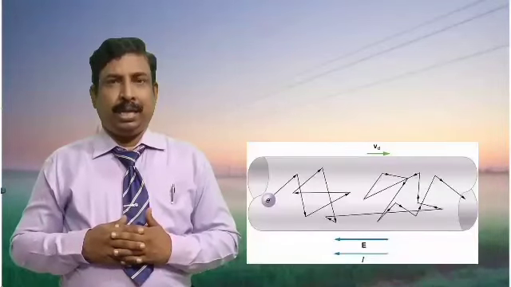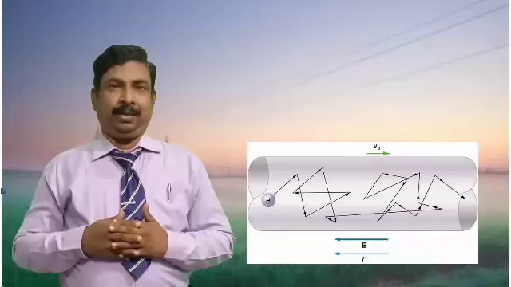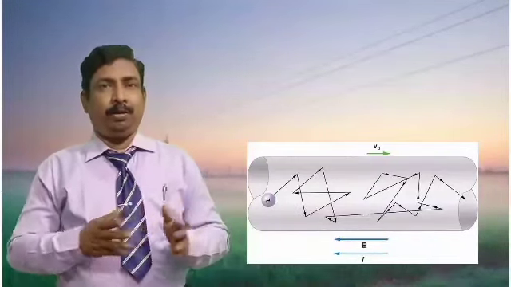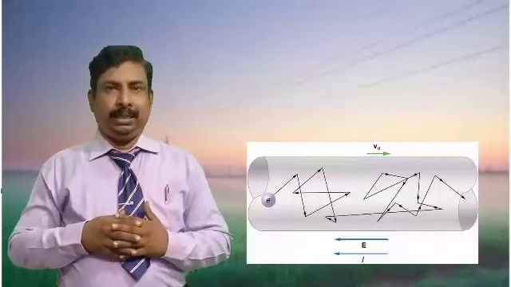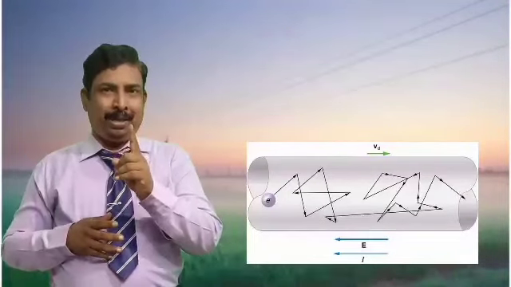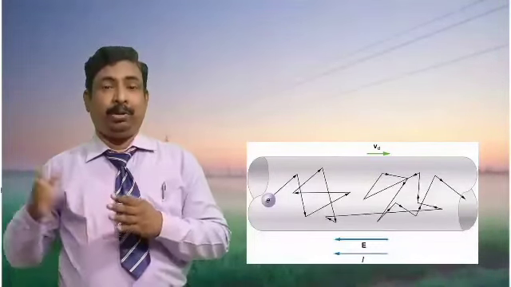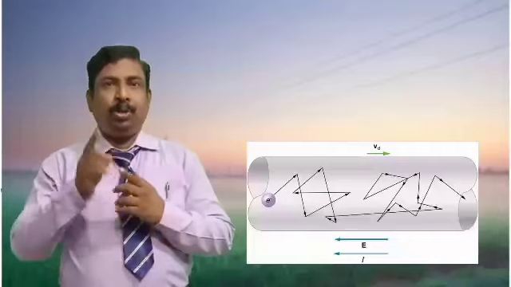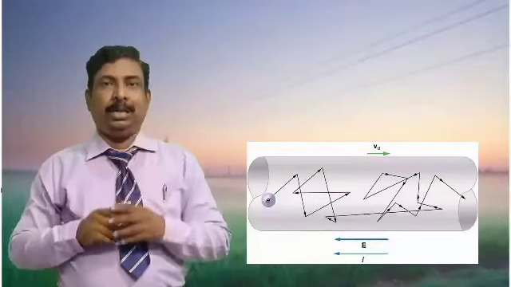Now we are going to see how a metal conductor conducts electricity. Just now we have seen that the flow of electrons constitutes the electric current. If I say 1 ampere current, it means 6 into 10 power 18 electrons pass through a particular point in 1 second.